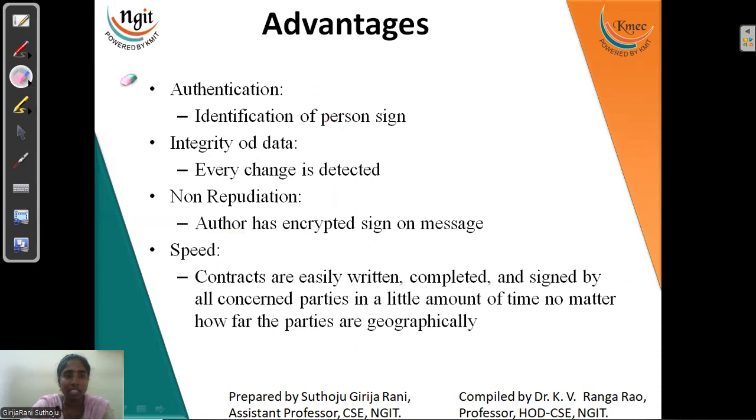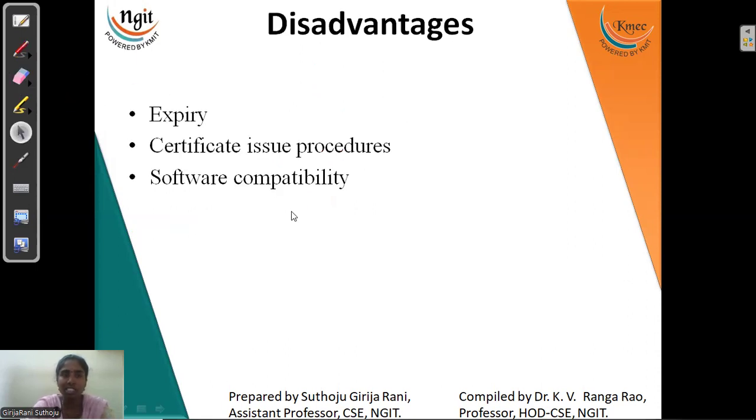Coming to the disadvantages, there are only three. The first one is that if the signature expires, then we need to update it with a new signature. For that, we need to always keep a record of the signatures which we have certified. So the certificate issues will be generated in the procedure.